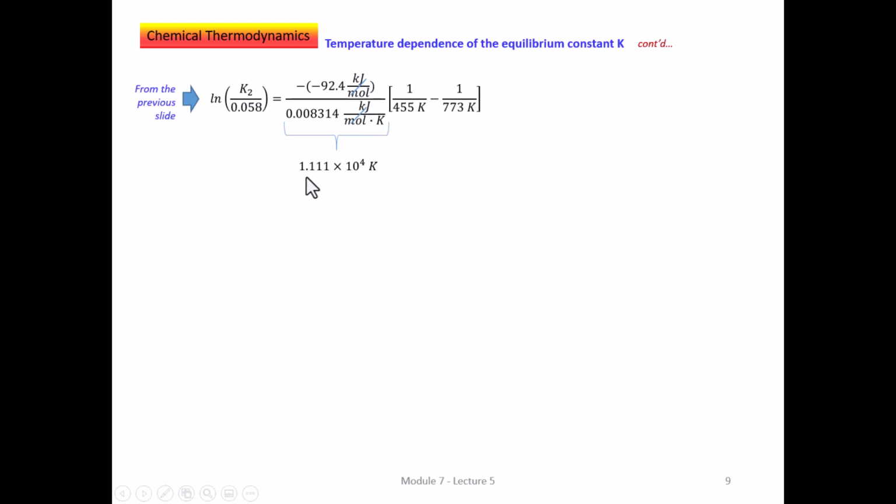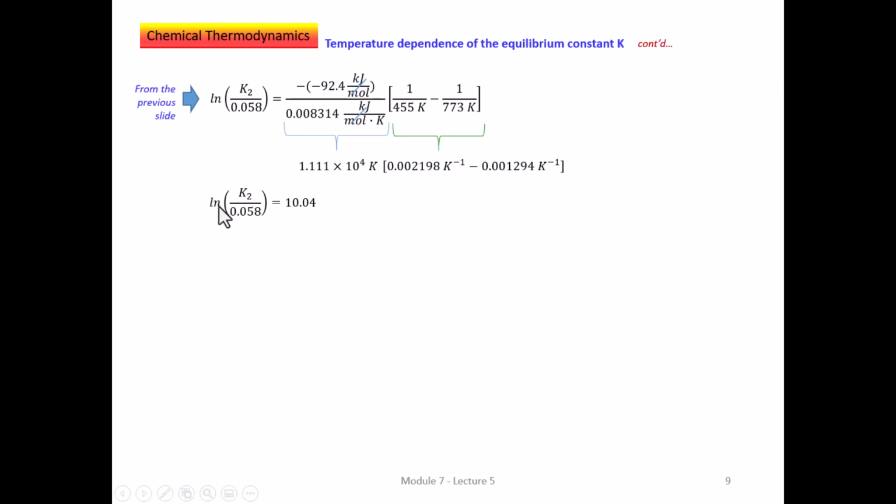And I'm carrying one extra digit here. If you're careful with your calculator and use enough parentheses, you can figure out what this term is. Here I actually worked out 1 over 455 equals this number, in K to the minus 1 because K is on the bottom here. 1 over 773 is this number. So we take the result of this subtraction and multiply it by this number, and we get 10.04.